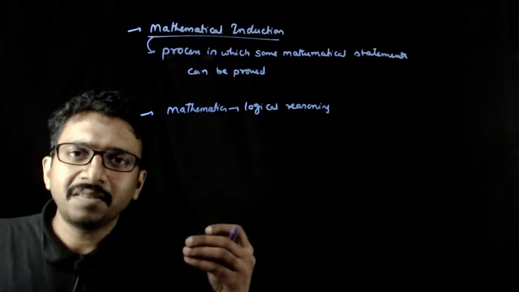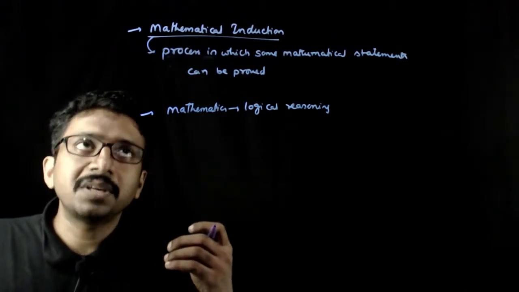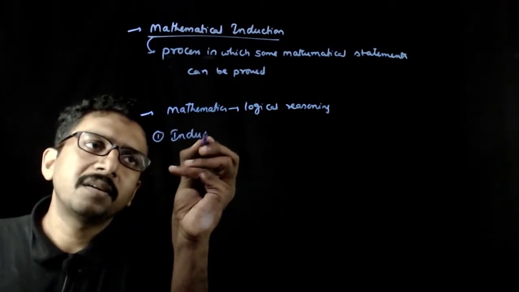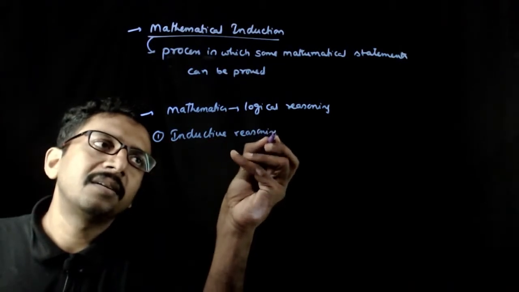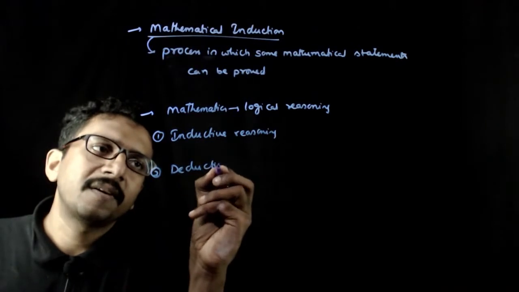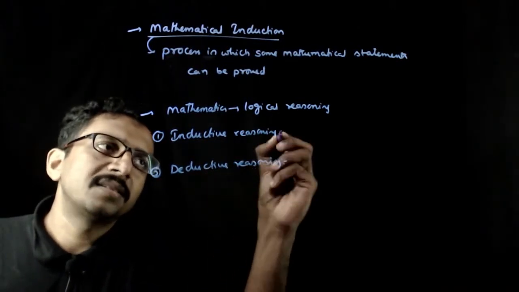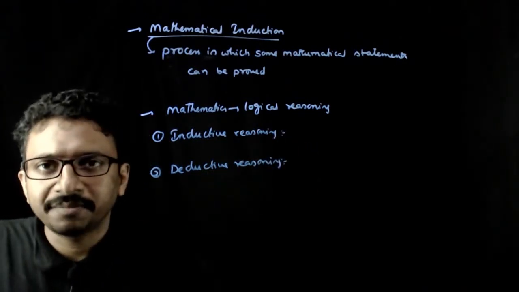So we reason things out. There are two types of reasoning that we use in mathematics. One is inductive reasoning, and the second is deductive reasoning.